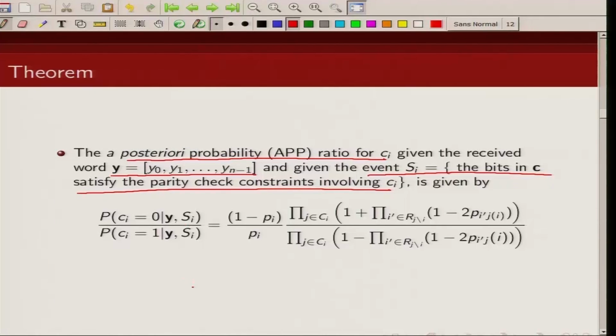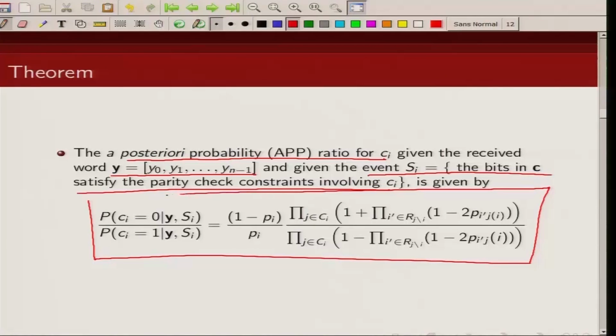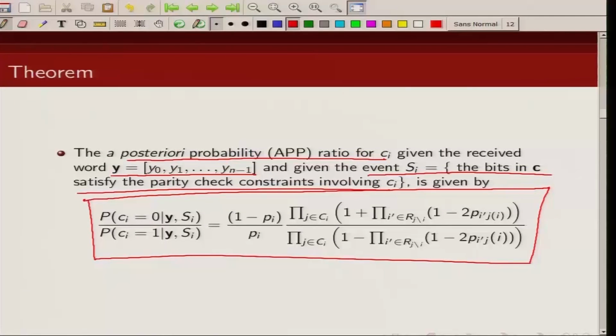This is given by divided by probability of Ci being 1 given Y and Si. This expression is given by this expression. And we are going to use the theorem that we have proved in the beginning of the lecture to derive this expression. Namely, if you have m independent random variables, what is the probability that some of them have even parity and some of them have odd parity. We are going to make use of that result to derive this expression.